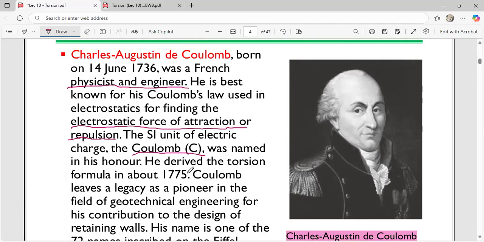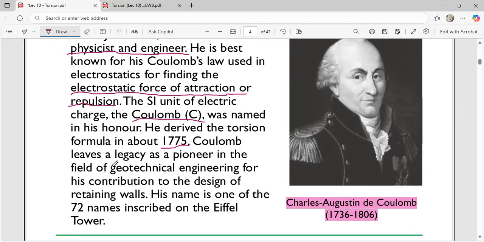He derived the torsion formula in about 1775. Coulomb left a legacy as a pioneer in the field of geotechnical engineering for his contribution to the design of retaining walls.